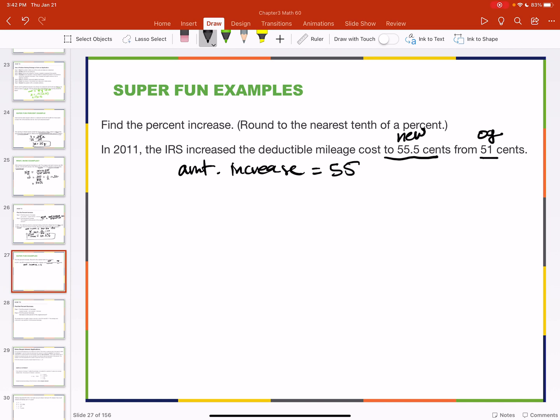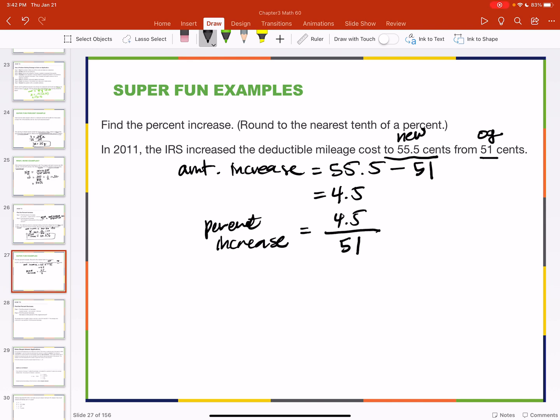So the amount increase is 4.5. So then the percent increase is going to be the amount increase divided by the original times 100, okay? And that's going to be the percent increase.